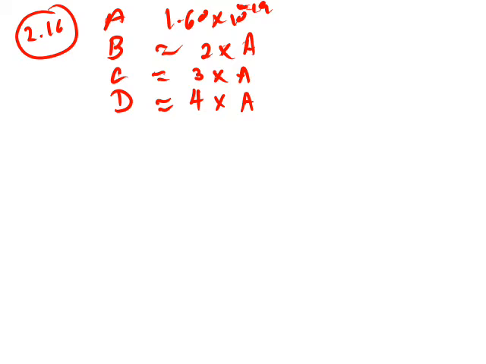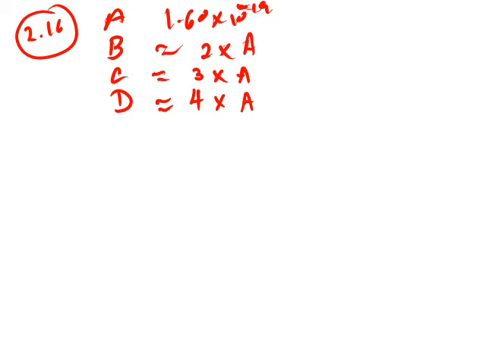The question is, what is the significance of the fact that different droplets carry different amounts of charge? It's not only different, it's 2 times, 3 times, 4 times that of oil droplet A.